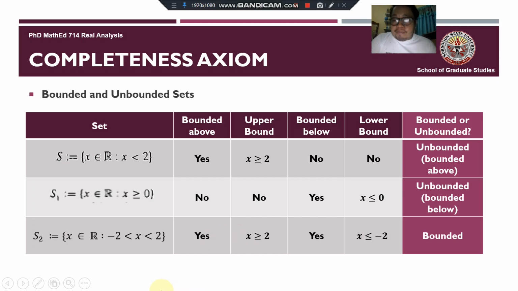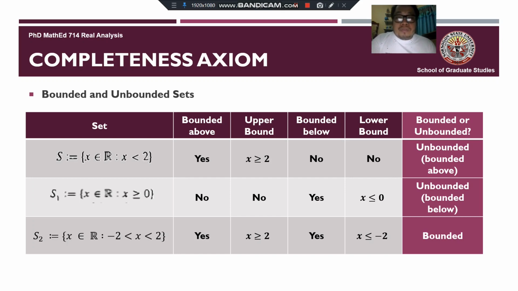Now let's have S sub 1, in which that is the set of all x such that x is an element of the set of real numbers in which x is greater than or equal to 0.